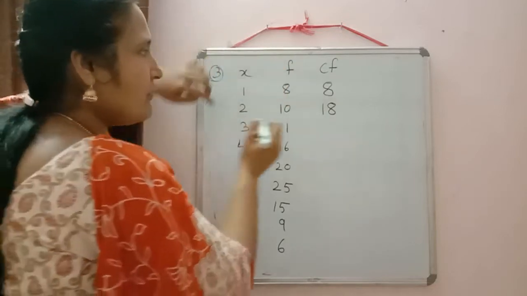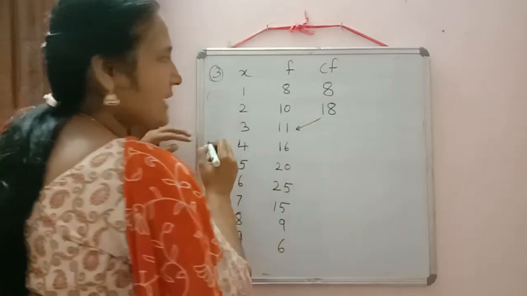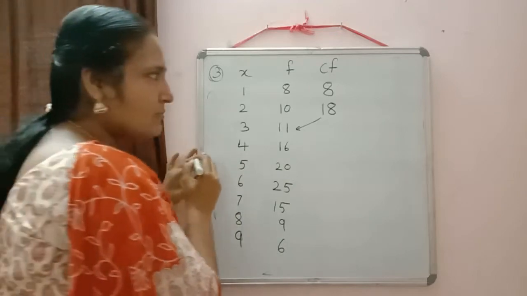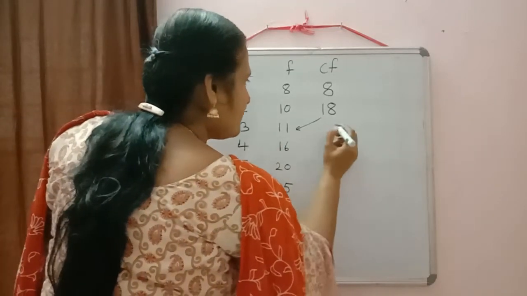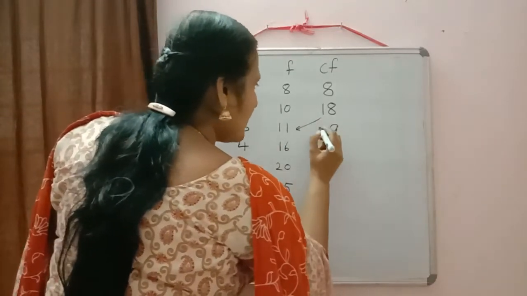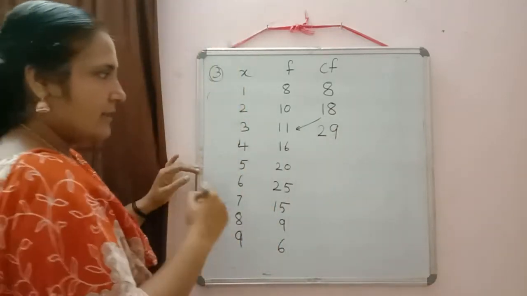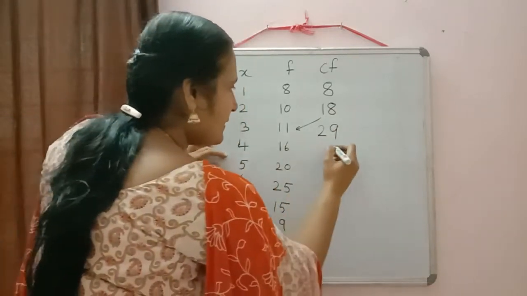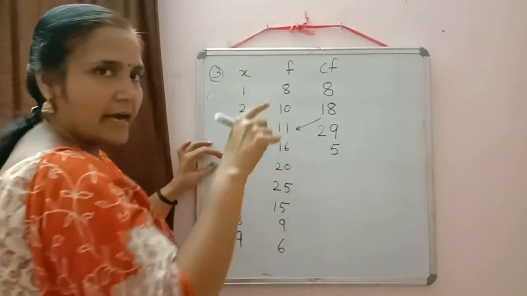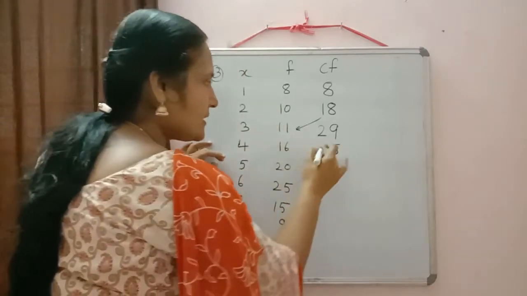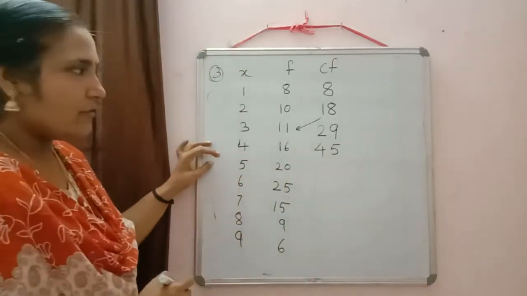Then next, how will we do it? 18 plus 11. How much will it be? 8 plus 1 is 9, 1 plus 1 is 2, so 29. Next, 9 plus 6 is 15, carry over 1. 2 plus 1 is 3, plus 1 is 4. So 45.